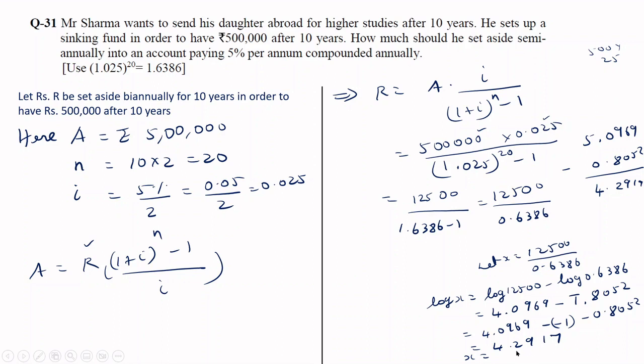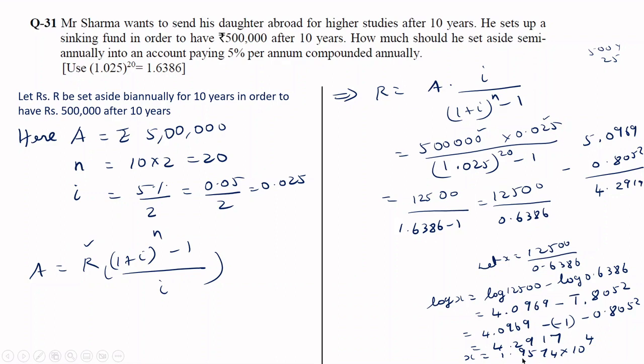Anti-log of this will be anti-log of 0.2917 into 10 raised to 4. So this is 1.9574 into 10 raised to 4. So if we take the anti-log tables and look along 0.29 row and then 1 along the column and add the mean difference along 7, we will get 1957.